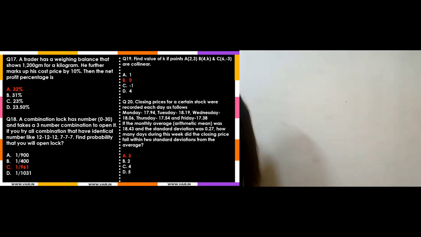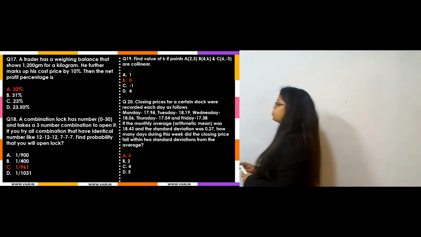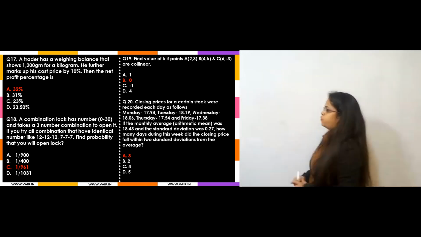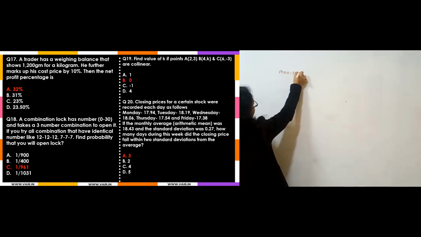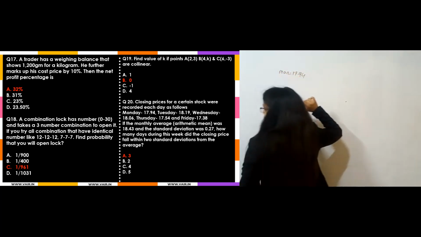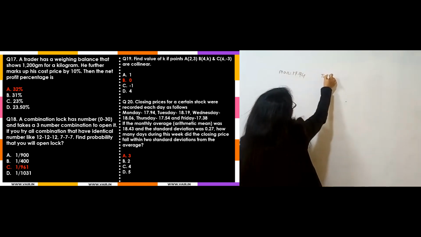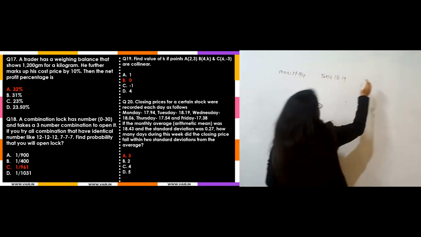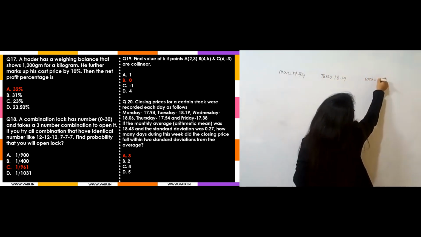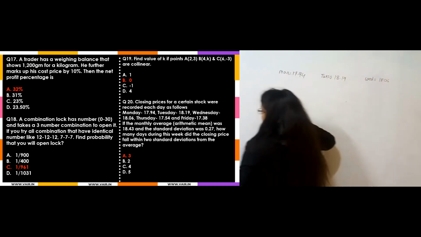Closing prices for a certain stock were recorded each day as follows. Monday is 17.94. Tuesday is 18.19. Wednesday is 18.06.